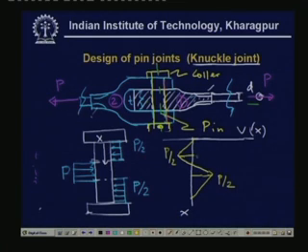Since the maximum shear force is P by 2, and it appears in these sections, the average shear stress can be taken to be tau equal to P by 2 divided by the area of cross section, which is pi by 4 d_p square.